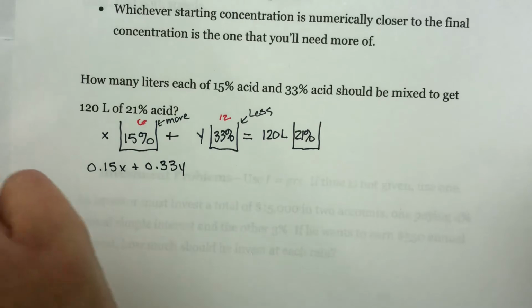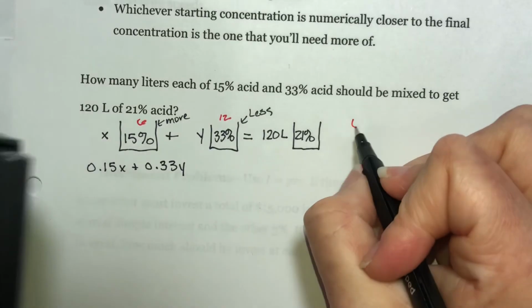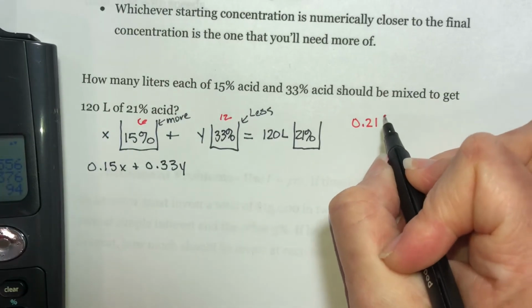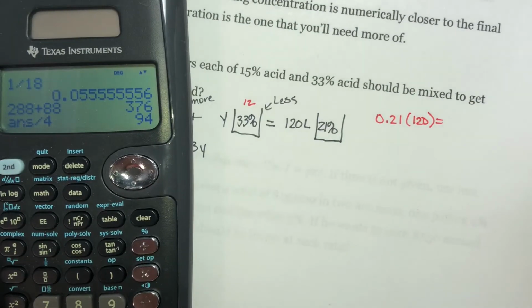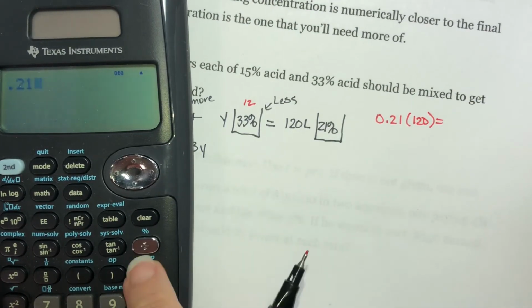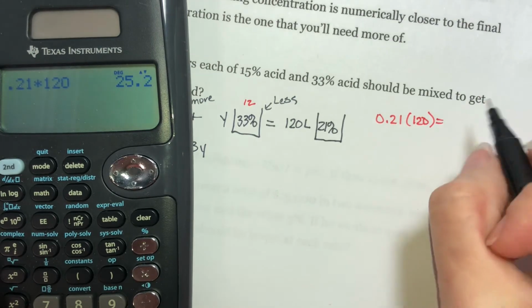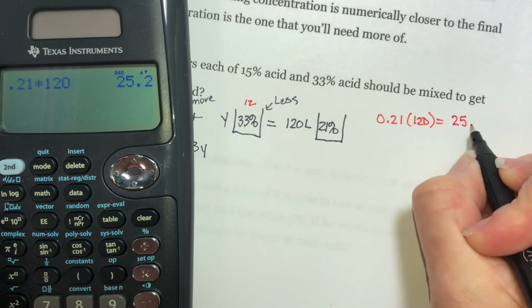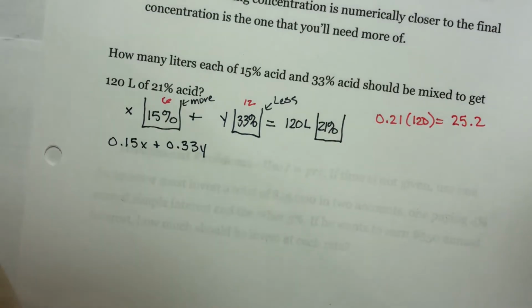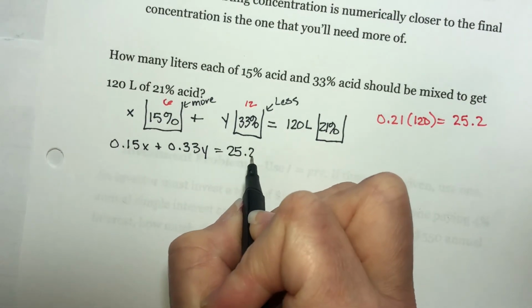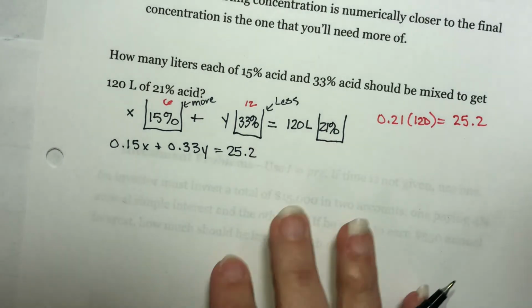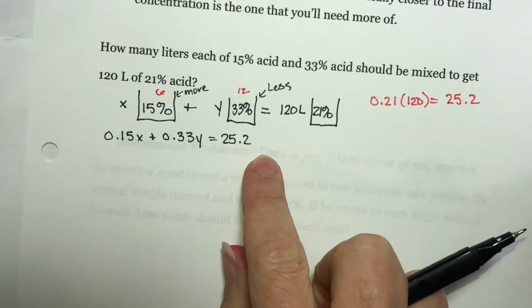And over here on scratch, I'm going to do 0.21 times 120 to get 25.2. So I'm going to use 25.2 right here. Okay, so that's one equation written.